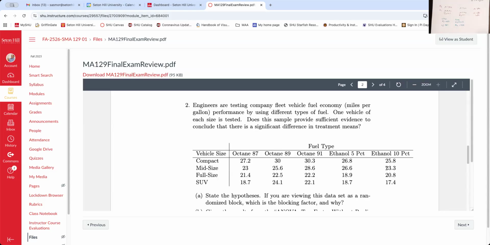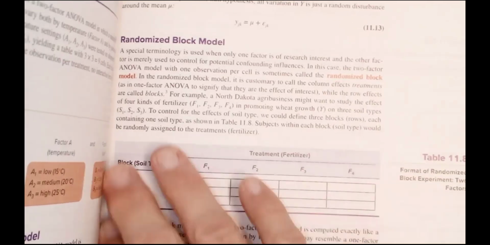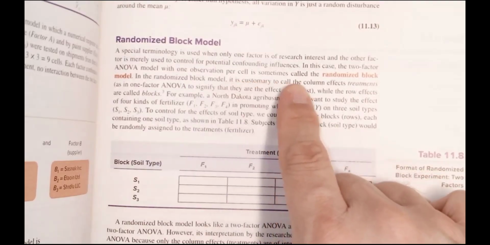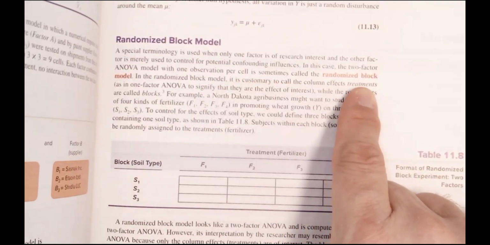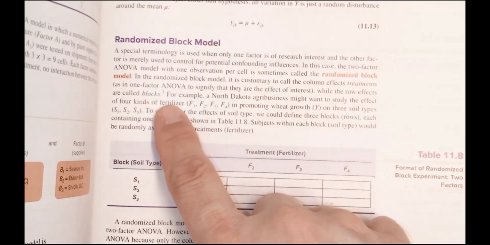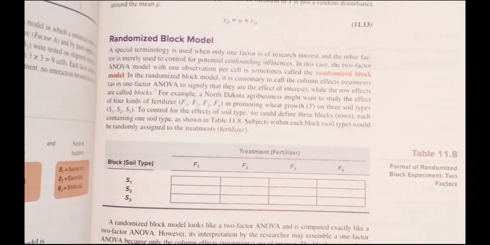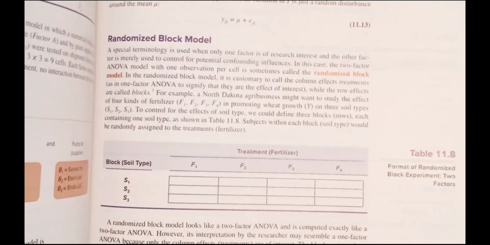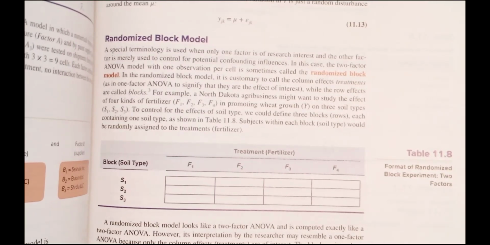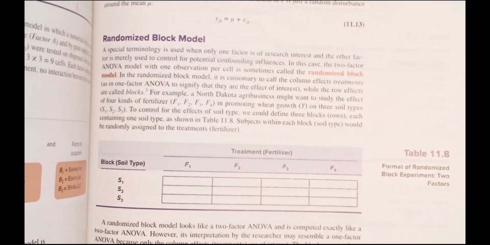Take a look, page 429. In a randomized block model, the column effects are the treatments. They are the effects of interest, and the row effects are blocks. They're the ones that we just assigned. Well, really, in this case, we pulled vehicle size at random and said, maybe vehicle size is correlated to this, but we don't care about it.